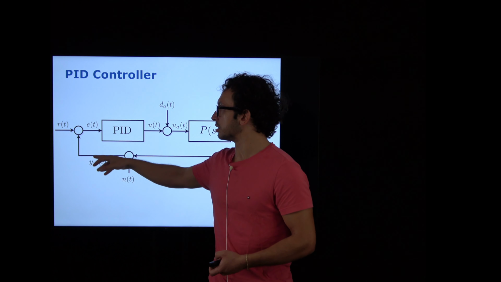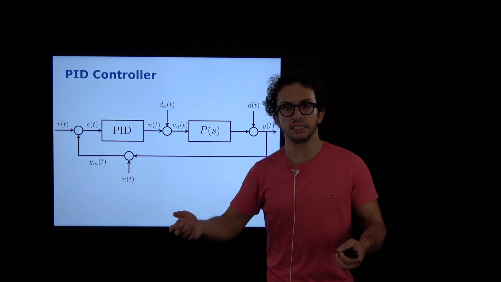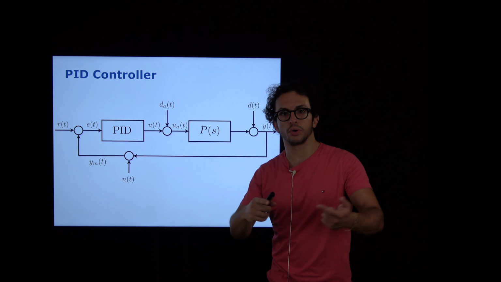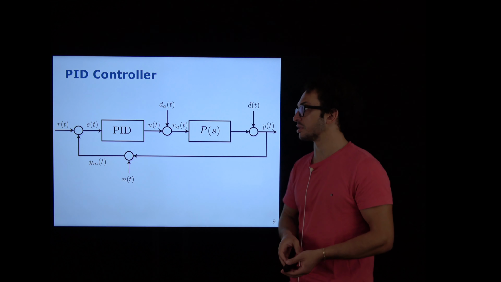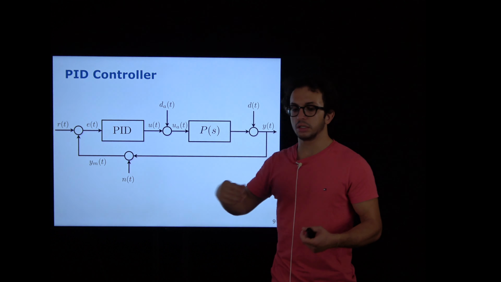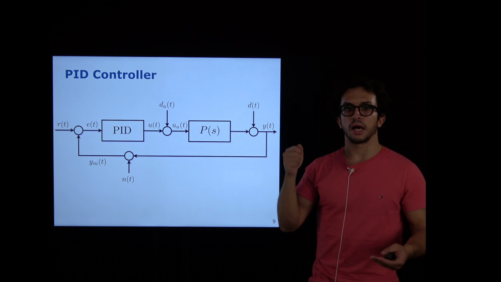We're going to get back to this one. And then the error feeds the PID controller. As we've seen, the PID controller is something that needs present error, past errors, and time derivative of the errors. So we have the PID controller. PID controller then gives an input. And this input is something that technically you should apply to the process, right?